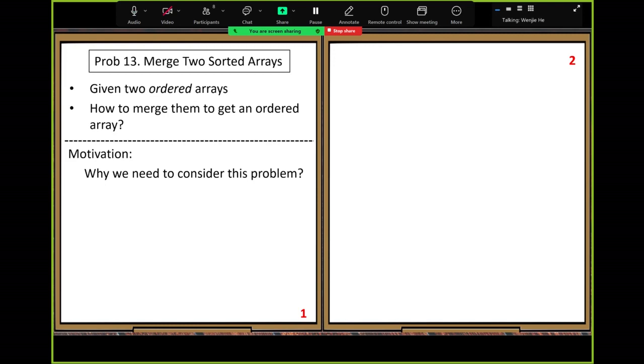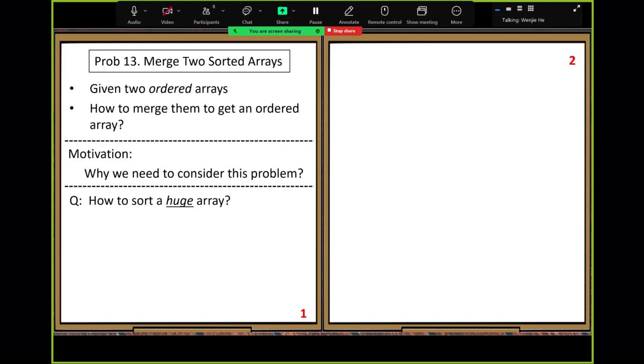The first case, we prepare this merge operation for our merge sort. Second case, I want to describe a special real-world situation. It's pretty rare, but it could happen sometimes. So let me talk about that special situation.